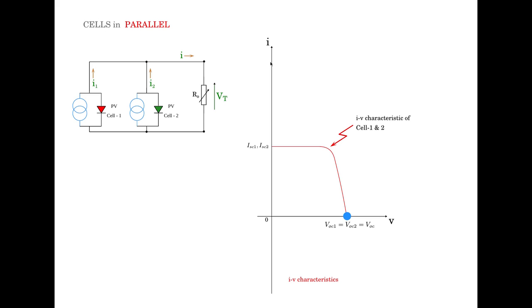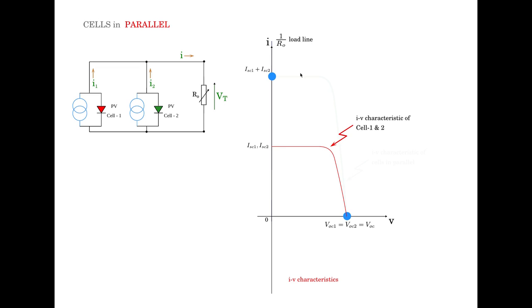And there we apply the second constraint where I is equal to I1 plus I2. So when you short circuit, ISC will be equal to ISC1 plus ISC2. So that would be the second operating point. We have these two operating points. We can smoothly join this and get the equivalent parallel cells IV characteristic.